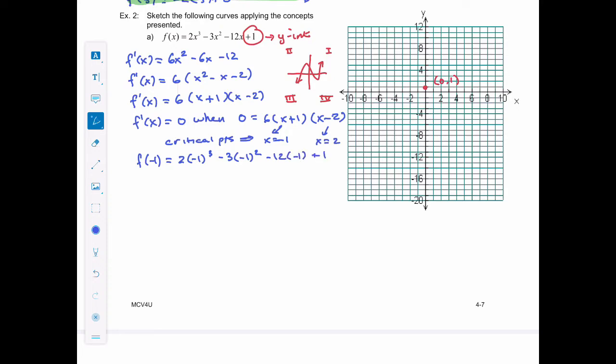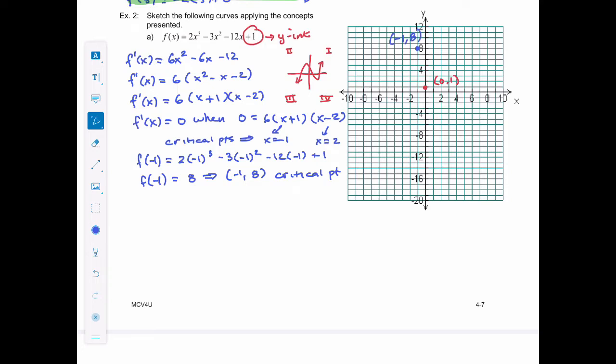And we're going to get that f of -1 is equal to 8, which produces our critical point of -1 and 8. I'm going to plot that in. So -1 and 8, it's right over there. Kind of hard to see, but -1 and 8.